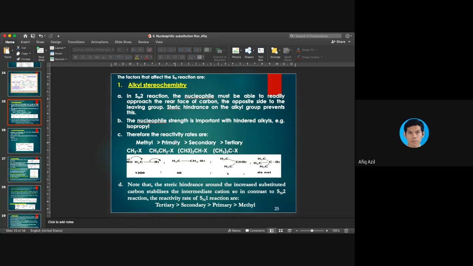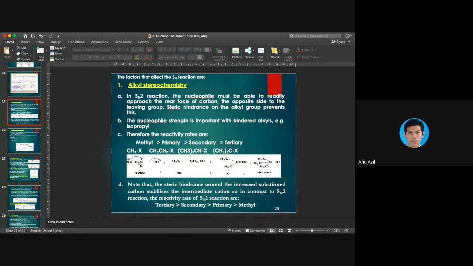It will normally prefer primary substrates. Why primary? Because the substrate has less steric hindrance. That means it is easier for the nucleophile to come in and attack.